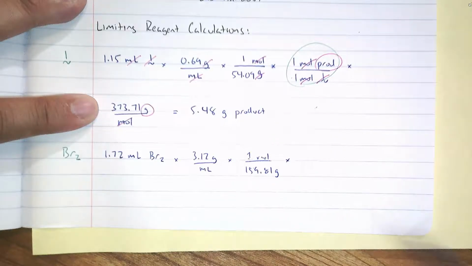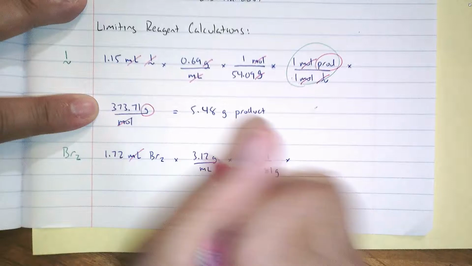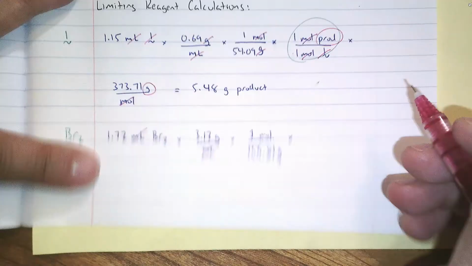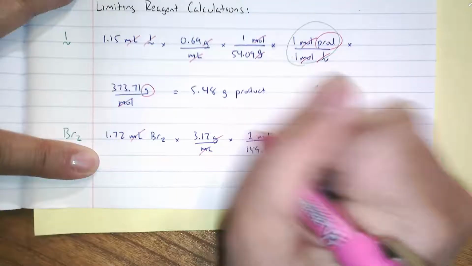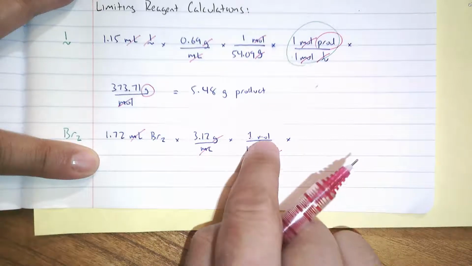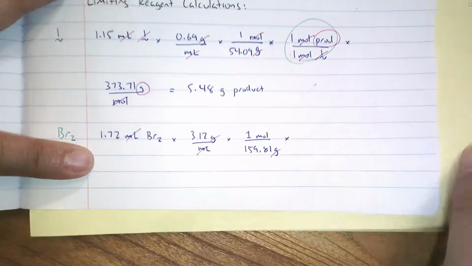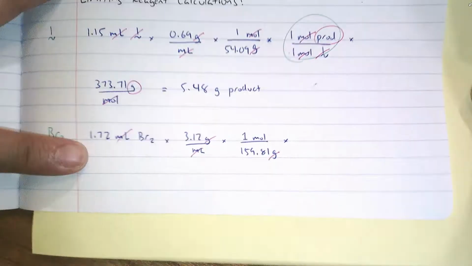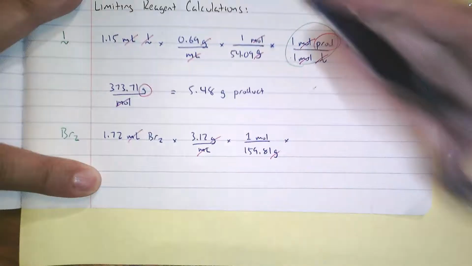Okay. At this point, we have moles of bromine, and literally, you can see that milliliters cancel out, grams cancel out, and we have moles of bromine, Br2. But we really need grams of product.